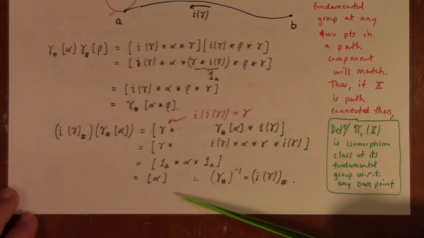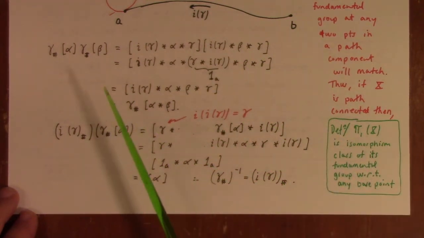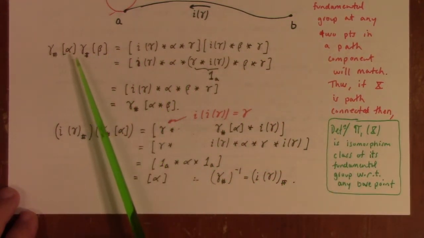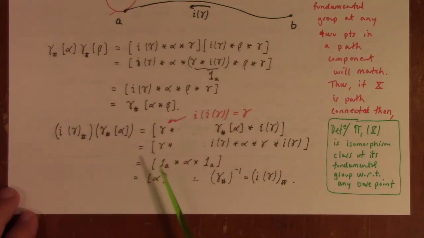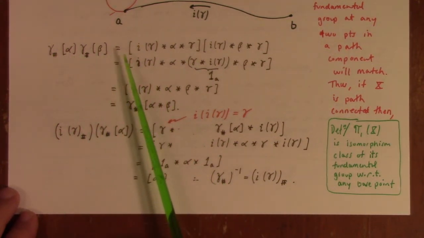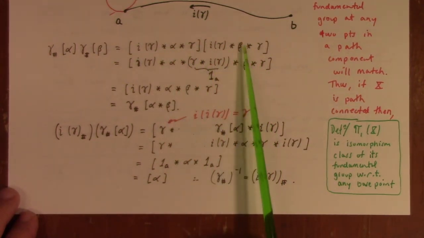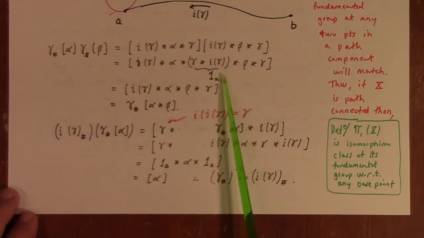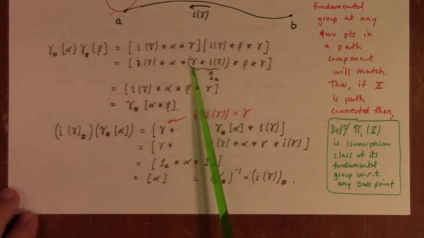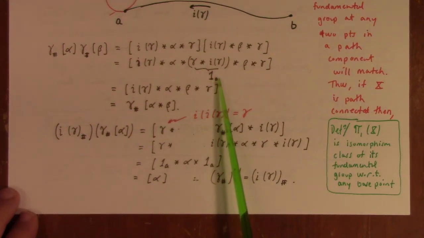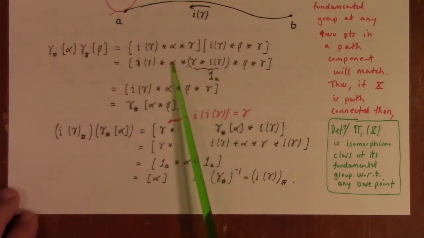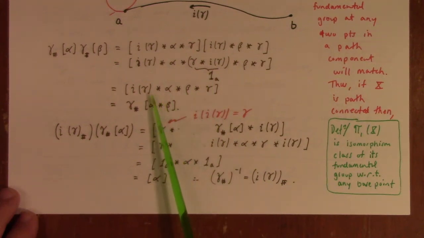Now, these calculations right here prove that gamma sharp is in fact a homomorphism of the operation, and it's also invertible. Basically I just use the definition and then use how we defined multiplication of paths by the joining of the representatives, and then use the path and its reversal gives you the identity map at the point, and that alpha times 1 is just giving you alpha, and then you go, oh well, this is exactly gamma sharp acting on the join of alpha and beta, and so that's the homomorphism property.